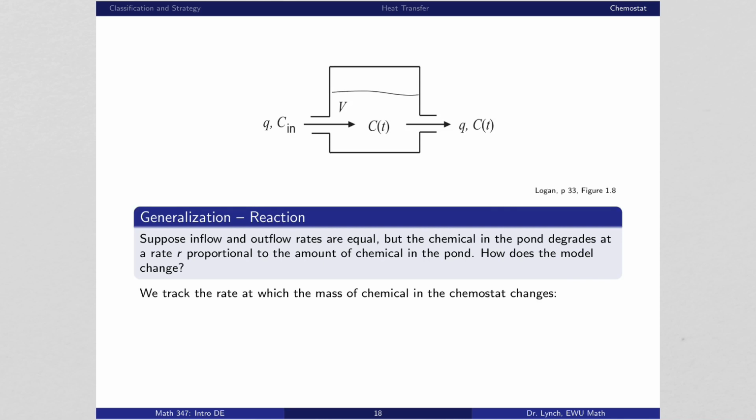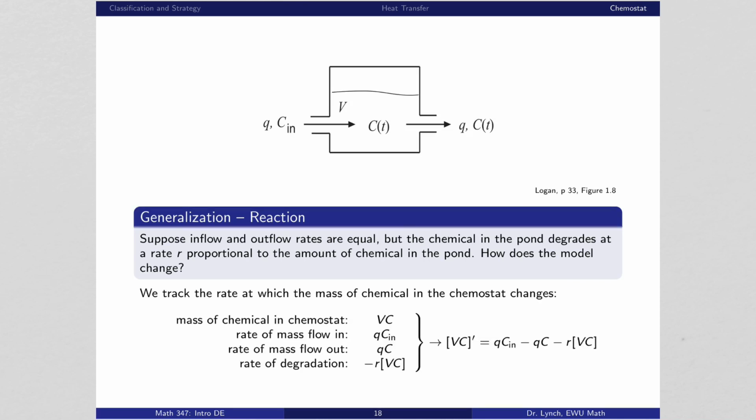Okay, so we'll again track the rate at which the mass of chemical in the pond changes, and here we see that the mass of chemical in the chemostat is given by V C, going back to writing V as just the constant value because the flow rates in and out are equal. The rate at which mass flows in is Q times C_in.